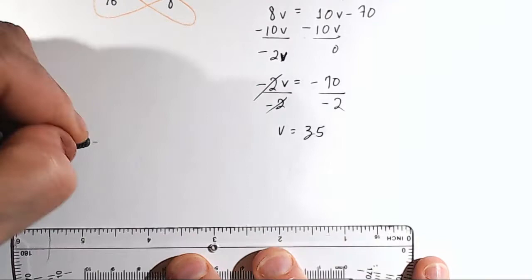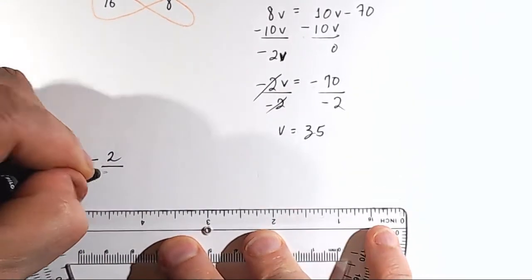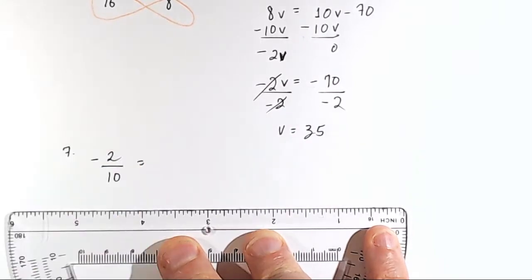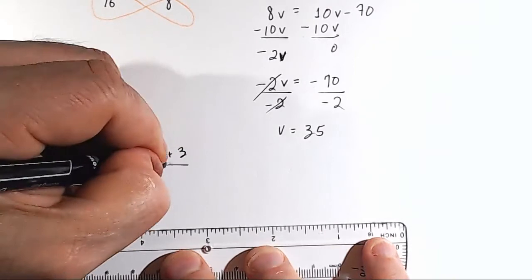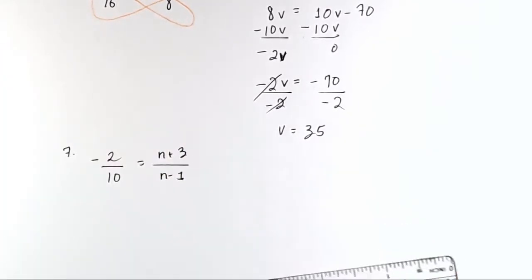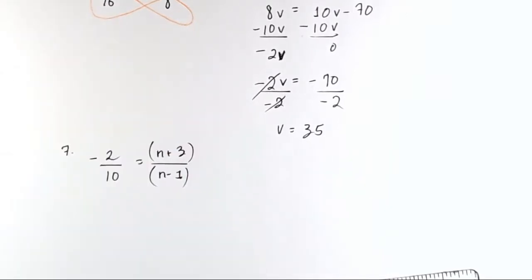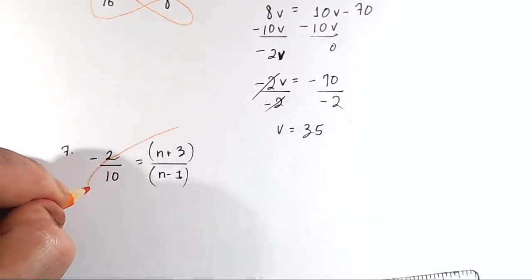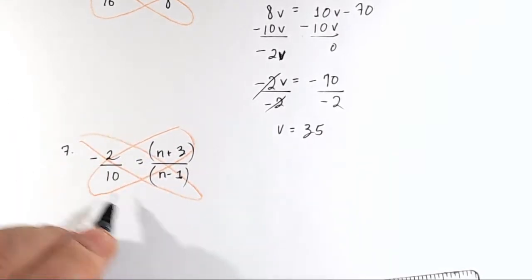Let's do number 7. You're given negative 2 over 10 equals (n plus 3) over (n minus 1). Okay, remember we're going to put these in parentheses so we don't forget that we're going to distribute. And then butterfly. Let's write it out, guys.